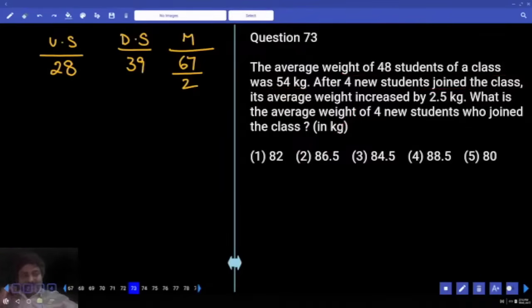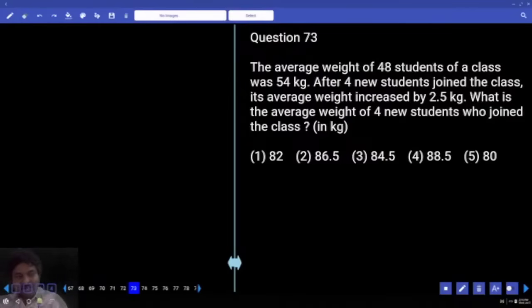The average weight of 48 students of a class was 54. After 4 new students joined the class, the average weight increased by 2.5. What is the average weight of the 4 new students who joined the class? Initially, how many people are there, and what is their average? Now 4 people are going to join, correct?